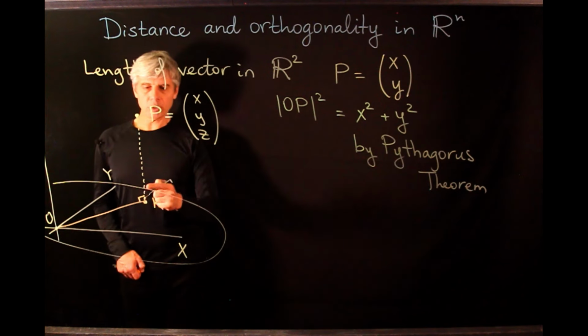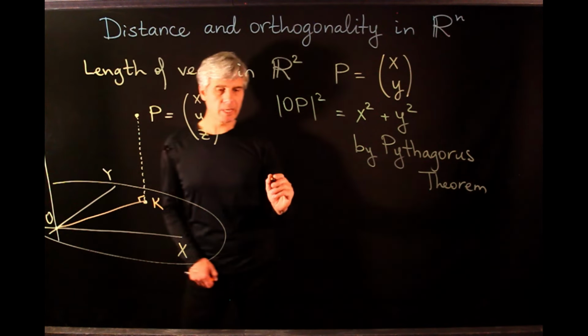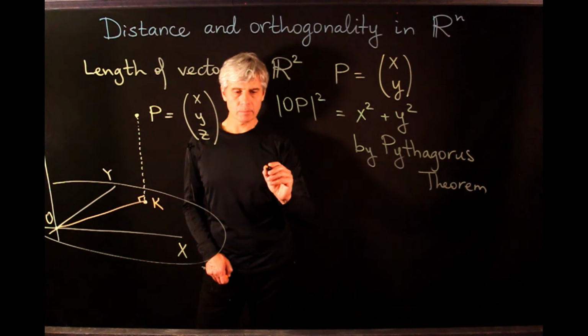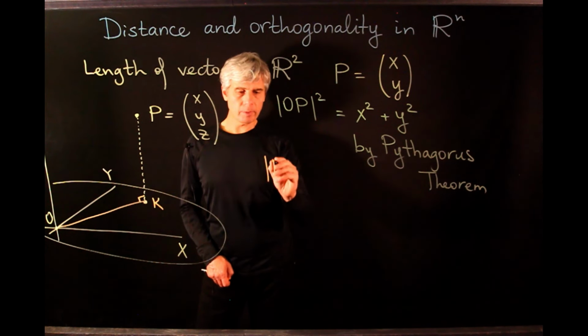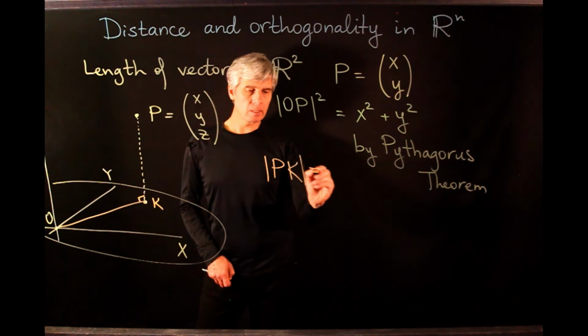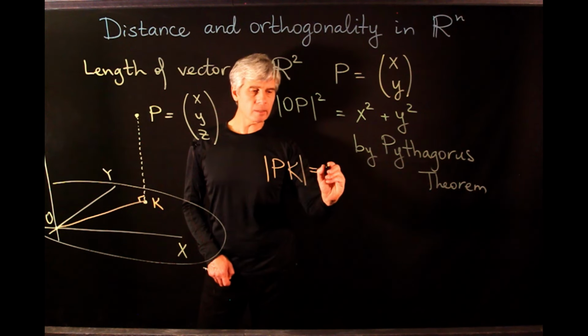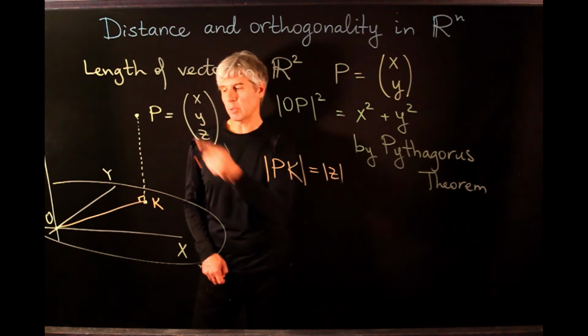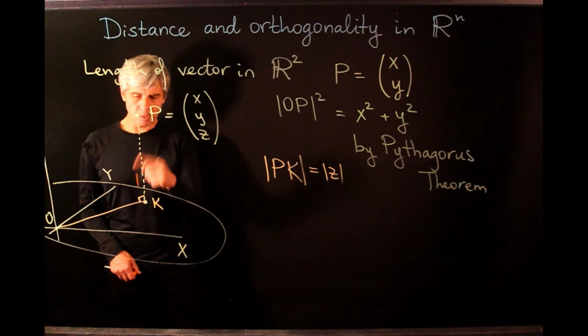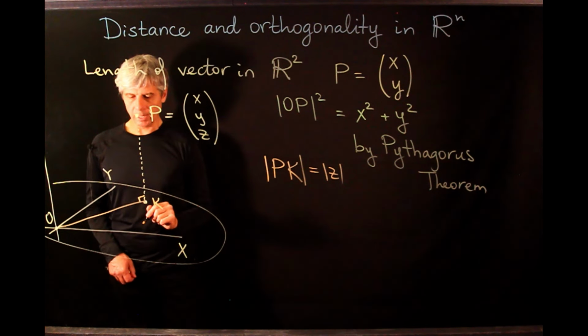The length of this projection PK is equal to z, or rather the absolute value of z, because z could be negative in principle.